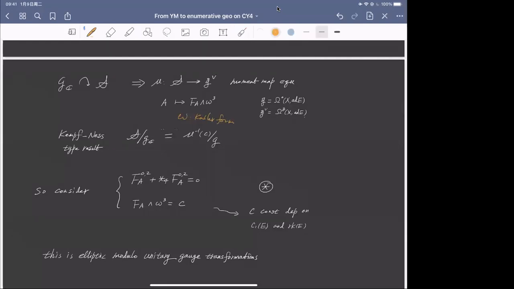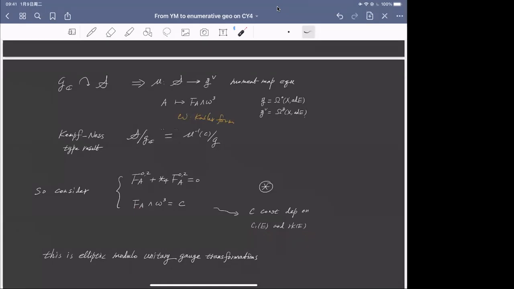In a way this solves the problem I mentioned earlier, and it gives a natural explanation of why such moment map equations appear. This constant C does not depend on A; it only depends on the topology of the bundle, but I don't want to specify it here.